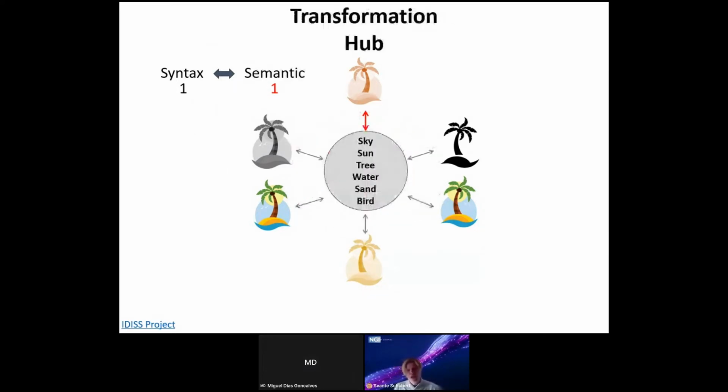There's a trick. At design time, we use the semantic, the meaning, as a common denominator for the syntaxes of all islands. So we now have a hub in the middle. So what do we gain? The domain expert of the island no longer has to care about all the other syntax details, and only has to maintain one relationship. There's a reduction of duplicated work.